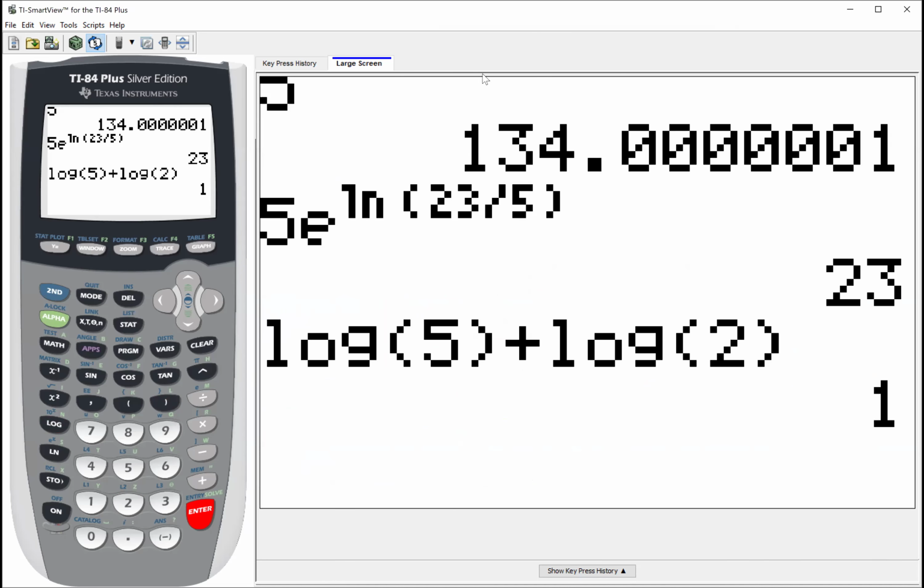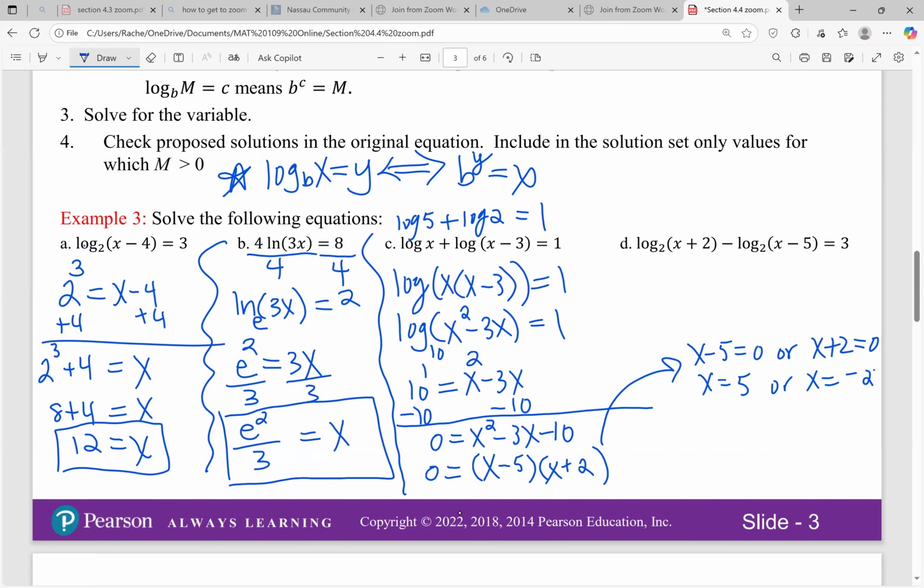But look what happens when I try to check x equals -2. If I were to try to check -2, then I would get the log of -2 plus the log of -2 minus 3, which is -5. -2 and -5 are not part of the domain for the logarithmic function. Look what's going to happen just when I try to take the log of -2.